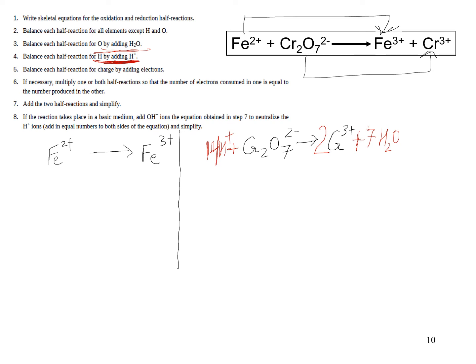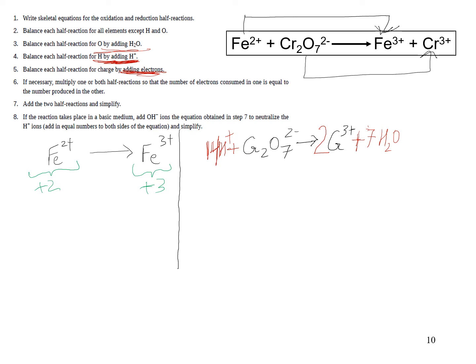Now step number 5. Balance each half reaction for the charge by adding electrons. Again, you can only add electrons, you cannot take off any charge. What is the total charge here on the reactant side? Total charge I have is +2. Total charge on the product is +3, which means I need, again, you can only add electrons here.